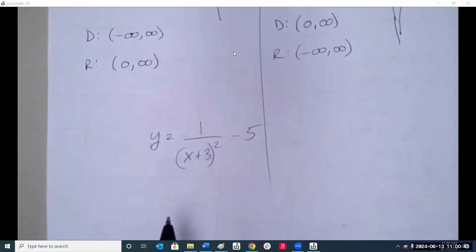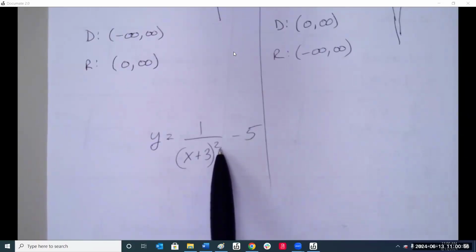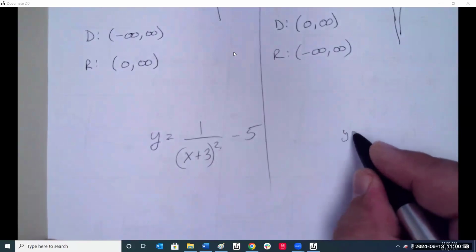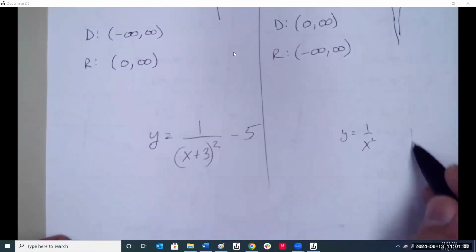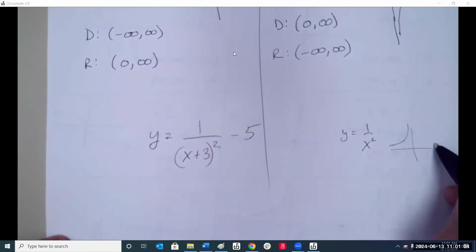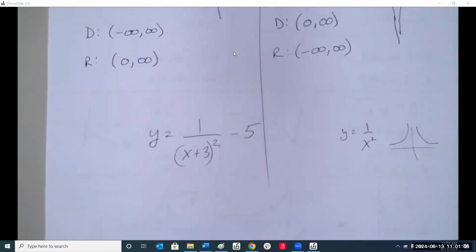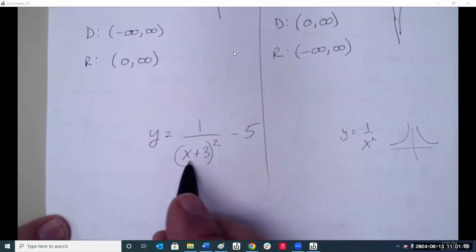So which one of these functions do you think matches with this one? Square rational, yeah. Because first off, we look at 1 over x squared. So we know the graph basically has that shape. Then we look inside here.